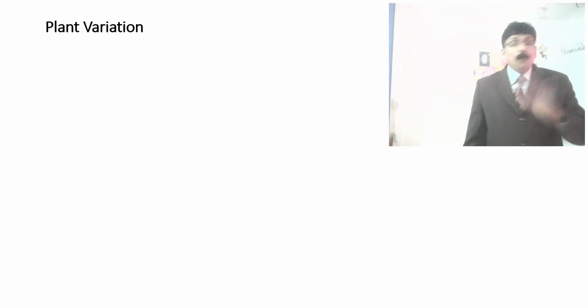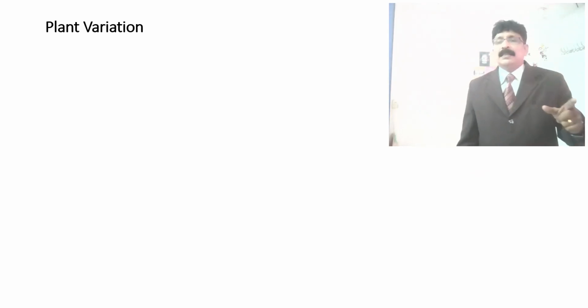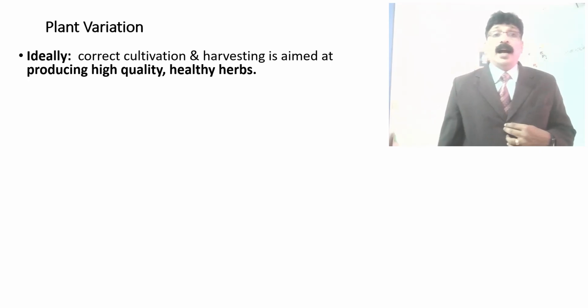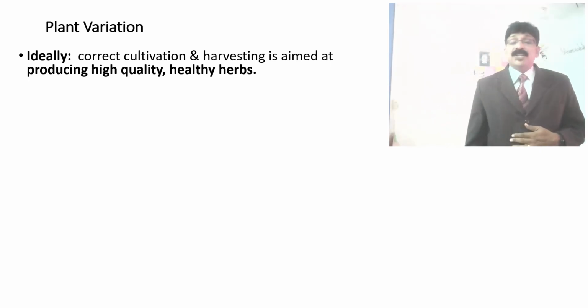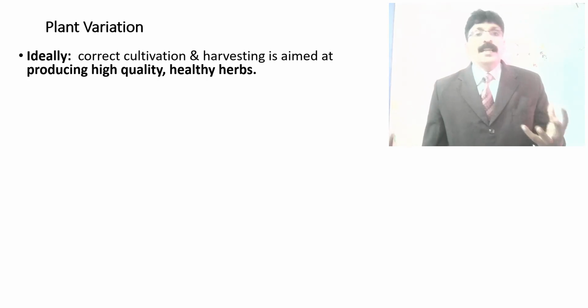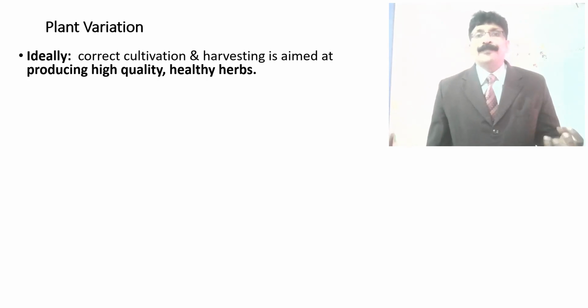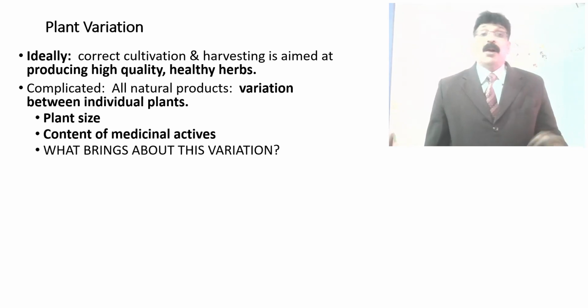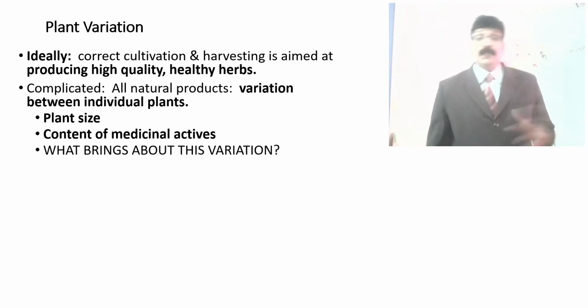Now we are talking about plant variation. Even though collected from the wild or cultivated, there is plant variation. So those are the 3 points we have to discuss. Ideally, cultivation and harvesting are aimed at producing high quality, healthy herbs, complicated all-natural products, but there is still variation between individual plants in plant size and content of medicinal activity.